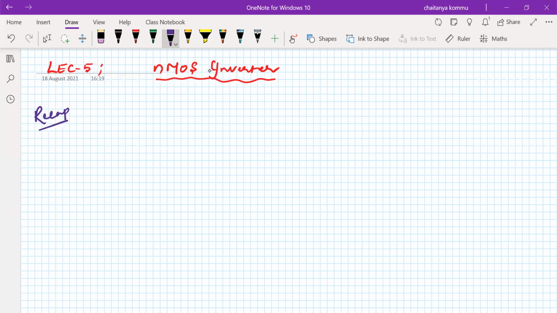We considered an nMOS transistor, and we defined its region of operation based on VGS and VTH, whether VGS is less than VTH or greater than or equal to it. Another thing we derived is VDS compared with VGS minus VTH, whether it is less than or greater than or equal.